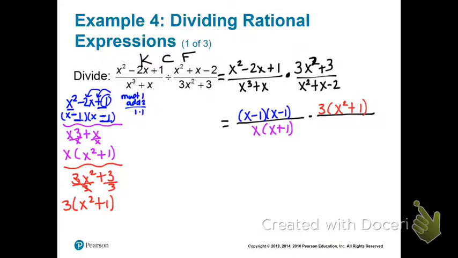And then we have to factor that last one. The last denominator there is x squared plus x minus 2. No greatest common factor, 3 terms, simple. We know our first terms have to multiply to give me x squared, so x and x. The last two numbers here have to multiply to 2 and, read it backwards, subtract to 1.